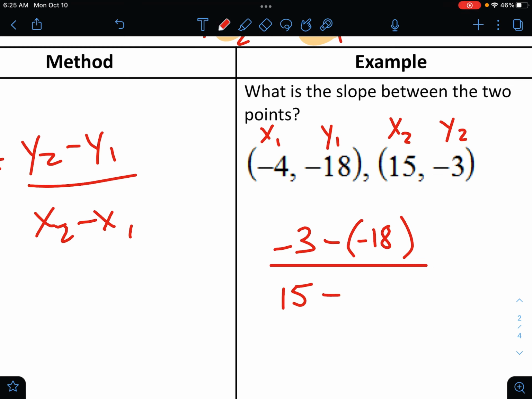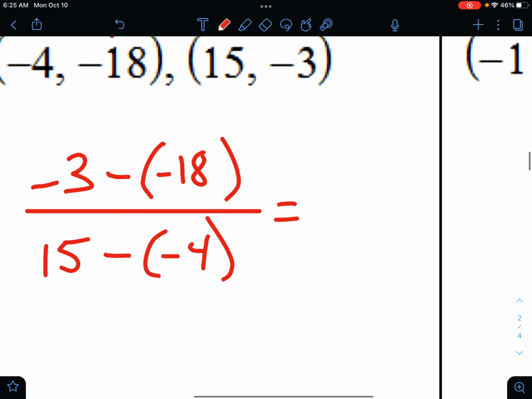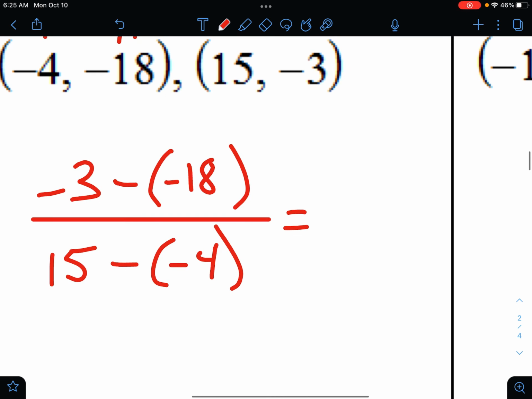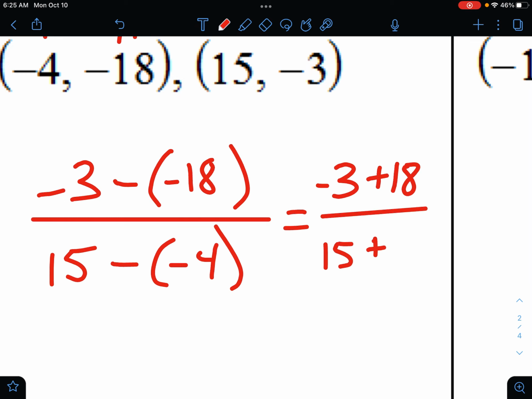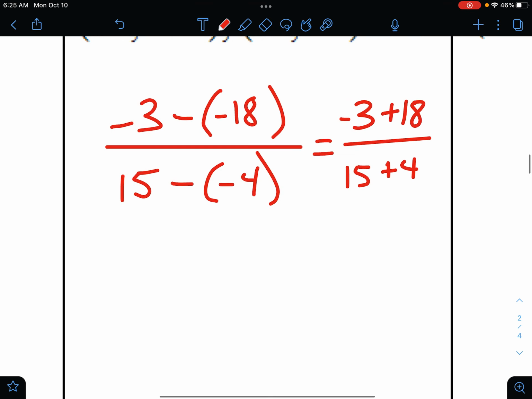As we've talked about so frequently, 2 negatives put together make a positive. So negative 3 plus 18 over 15 plus 4. And that simplifies: negative 3 plus 18 is 15 over 19.